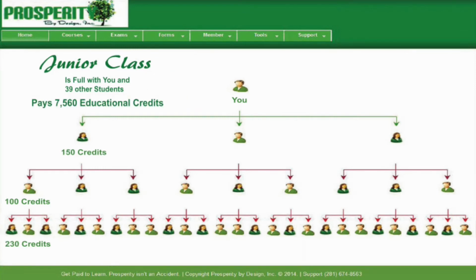So now we look at junior. Same format, a little bit different. The results at the end, junior 1 pays you 7,560 education credits. And junior 2 pays that again, so we're talking about over $15,120. And finally, the senior does the same thing.